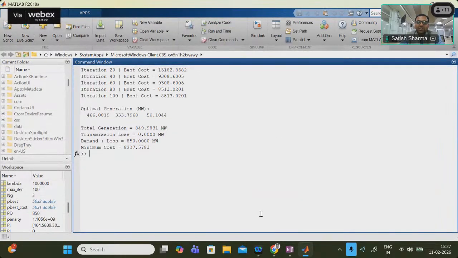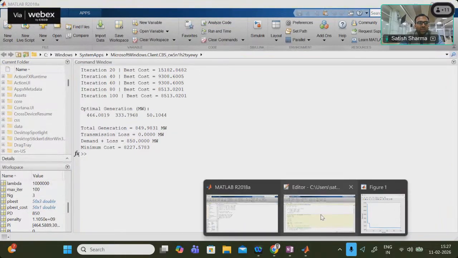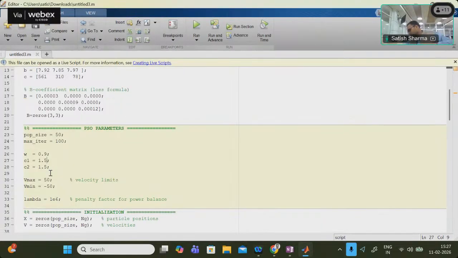So the weird solutions are coming, so we have to tune these parameters, and that is a very difficult process as well. Like tuning what should be the better values of W, C1 and C2, and these also vary with respect to the size and nature of the problem.